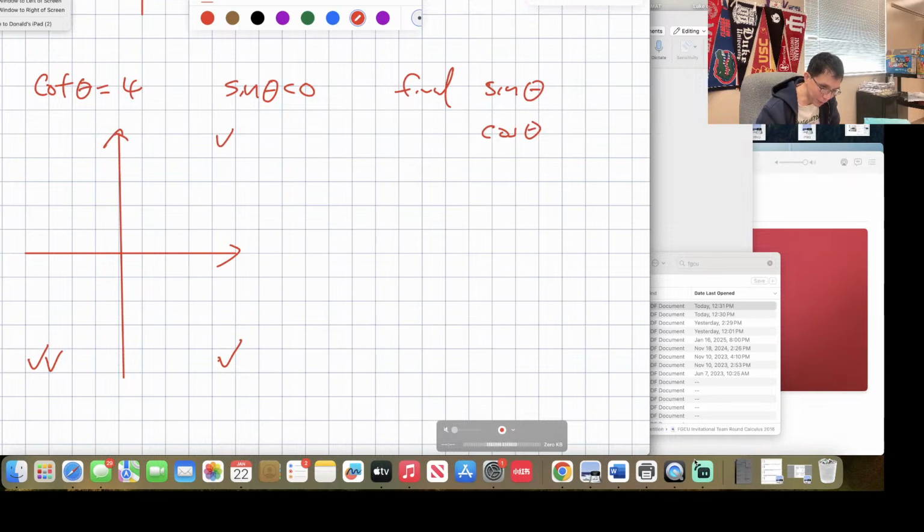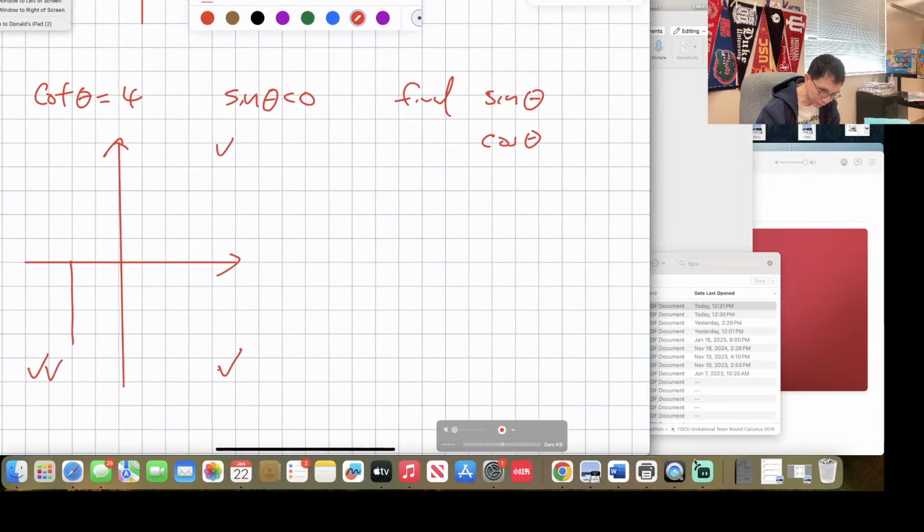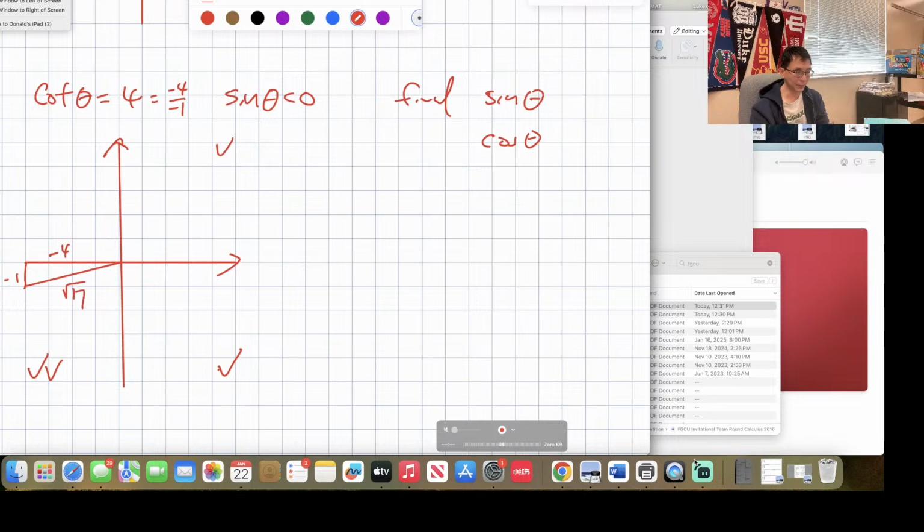So now I'm going to draw a triangle. This should be equal to 4 over 1. Actually, in this case it should be -4 over -1, which also gives you a positive. Then the hypotenuse is square root 17.